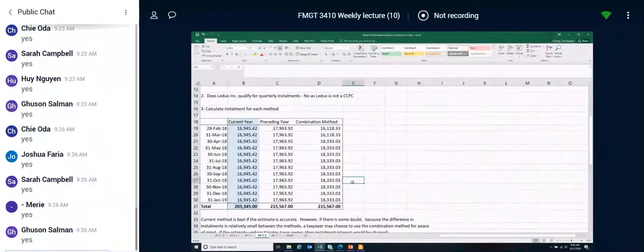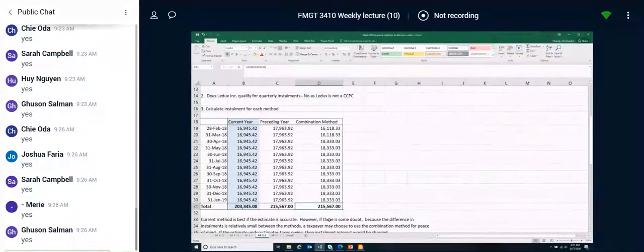And so a company may say, you know what, we're not 100% sure about our estimate, especially in this case where there's only a small difference between the preceding year method and your current year method. They may say, you know what, let's just pay installments based on preceding or combination method. Probably in this case, combination.